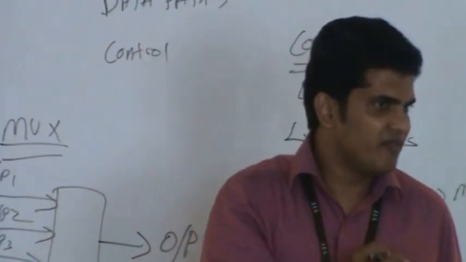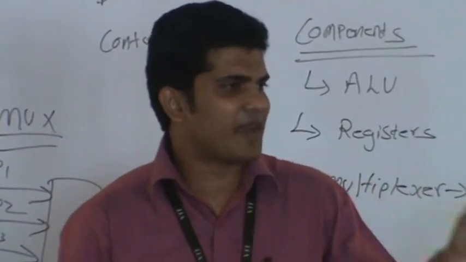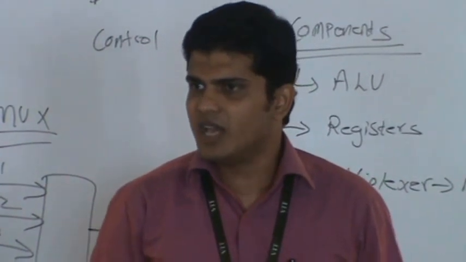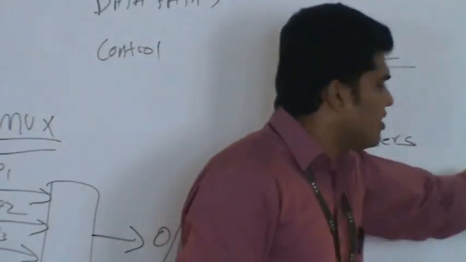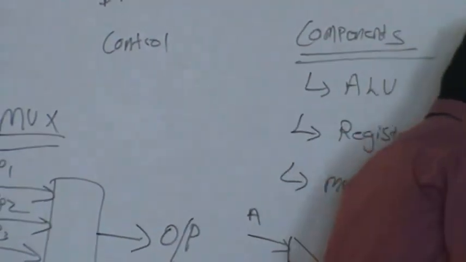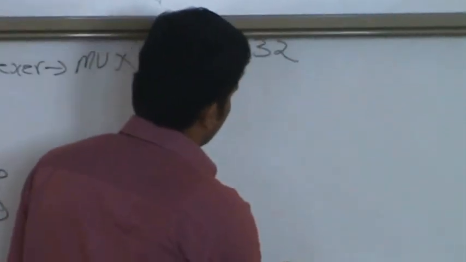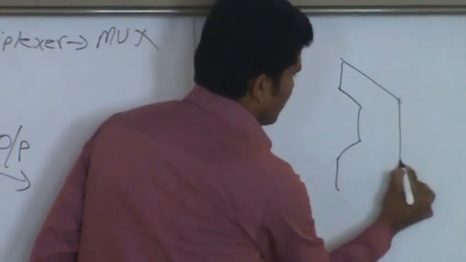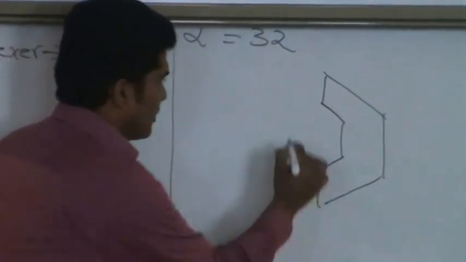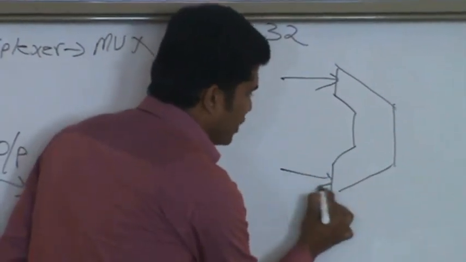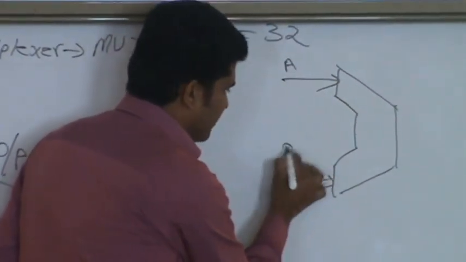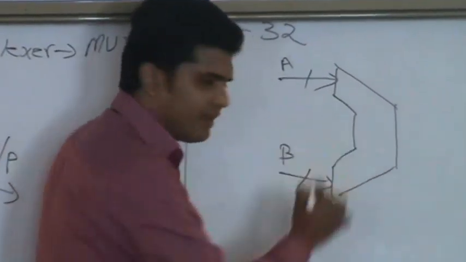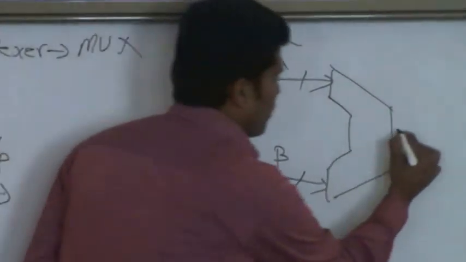If add, we require a separate code. For subtract, we require a separate code. Like that, for 32 different operations, if we require a separate code for each, we require 5 bits. Consider we have an ALU with input A, input B. We can also write it as A leg, B leg, and 1 output.